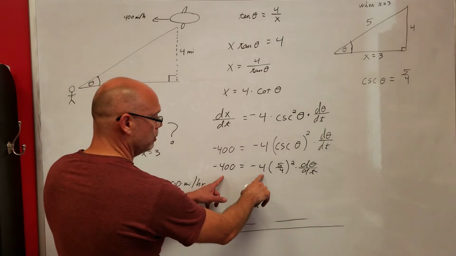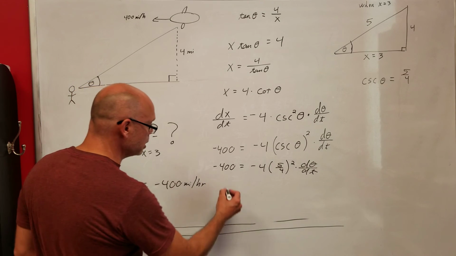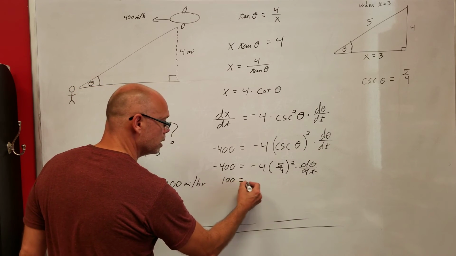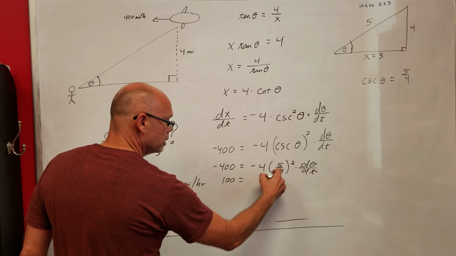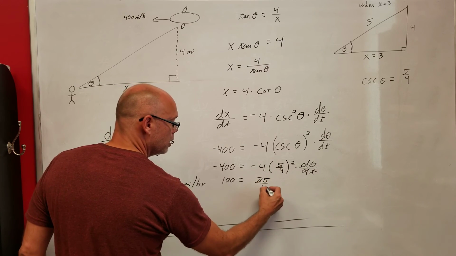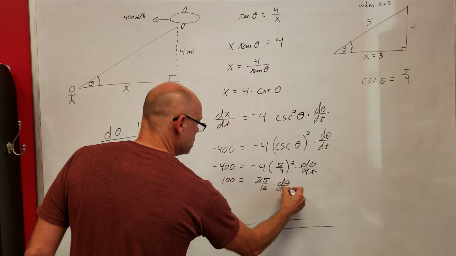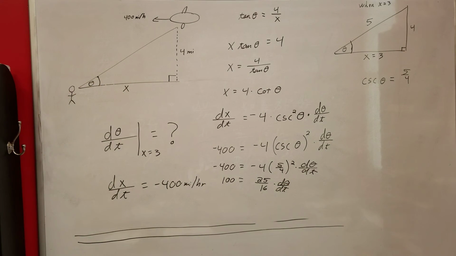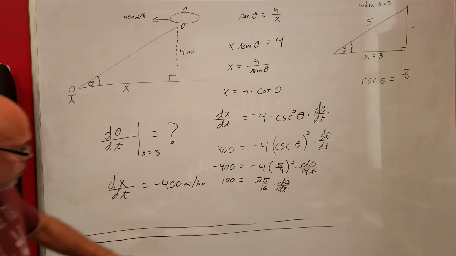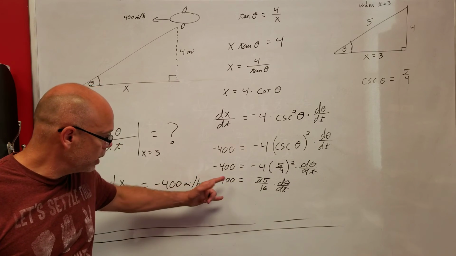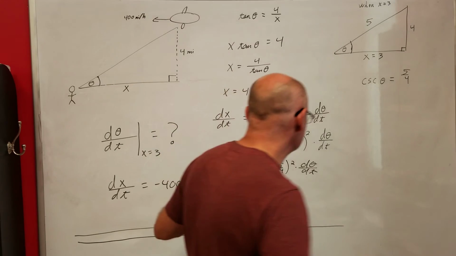Now I'm just going to divide both sides by negative 4 to make the math a little easier. So that gives me positive 100 is equal to, if I square this, 25 over 16 times d theta over dt. All right, now what do I need to do? I need to multiply both sides by the reciprocal here.